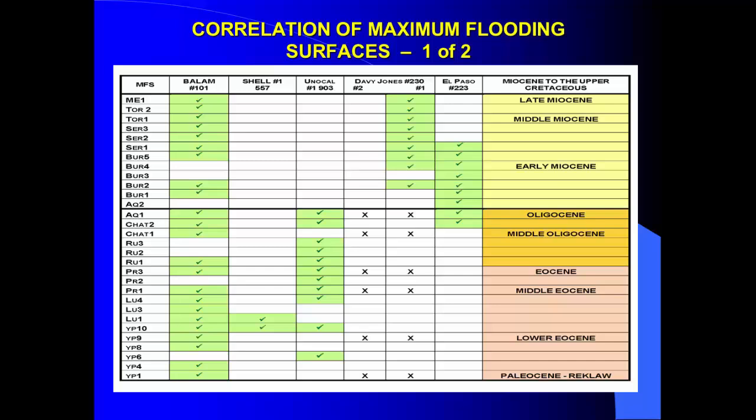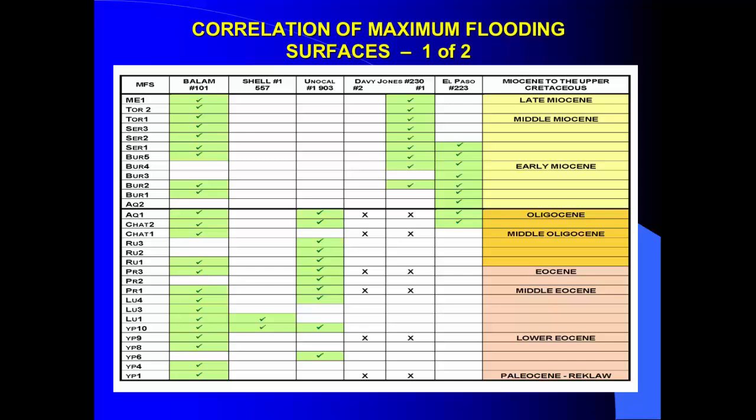So here we are, we start off here, and in the Balm, as you can see, we had 21 maximum flooding surfaces. So we used this as a standard of reference because we had the seismic and we had the logs, and the fossils, so we could do this, and then we correlated that.